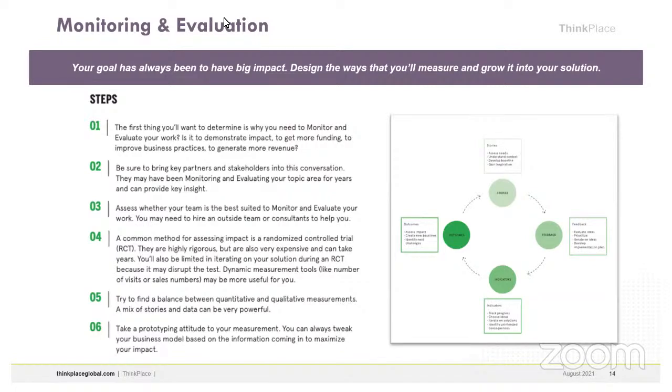So we showcase to YMCA how the monitoring and evaluation will look like, but you will find that ThinkPlace will not be the direct organization that does the M&E. But we showcase and we guide YMCA on how the M&E will look like. Now for you guys, you are the direct implementers.